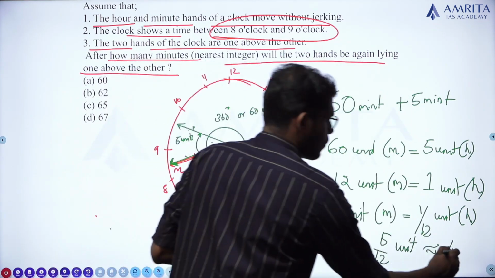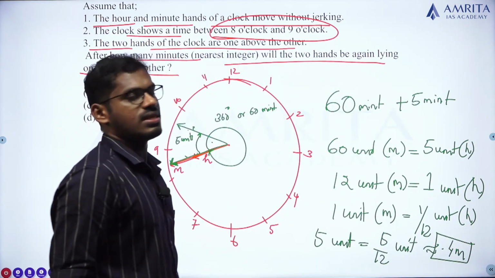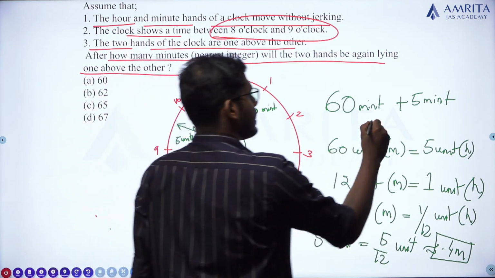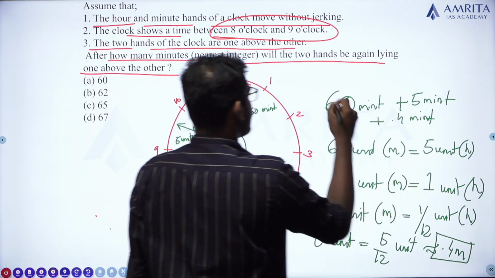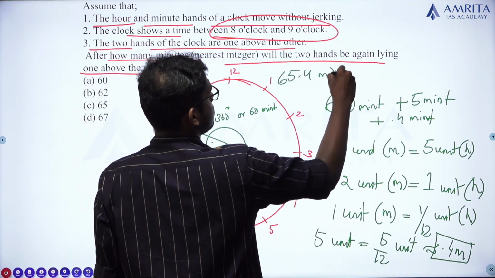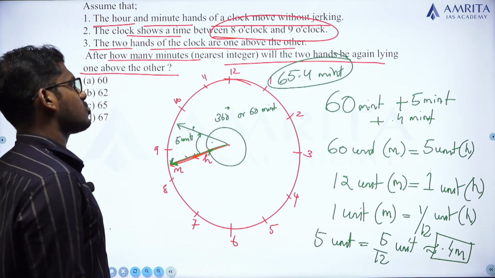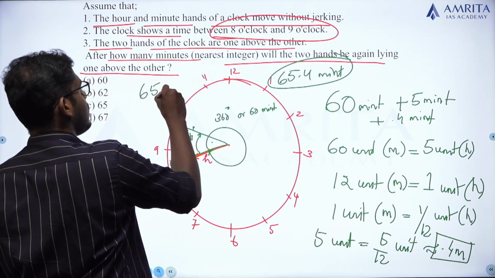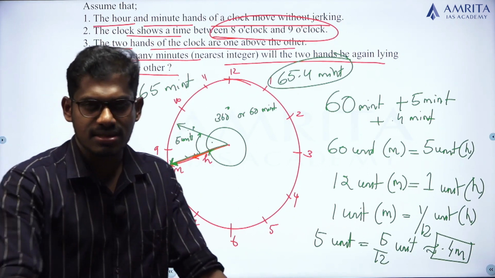So this 0.4 unit or 0.4 minute has to be added to this time. So 60 minutes plus 5 minutes plus 0.4 minute. So together it is 65.4 minutes. Clear? This 65.4 minutes can be approximated as 65 minutes. So option C will be the answer.